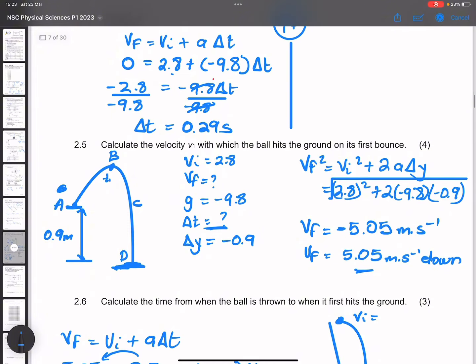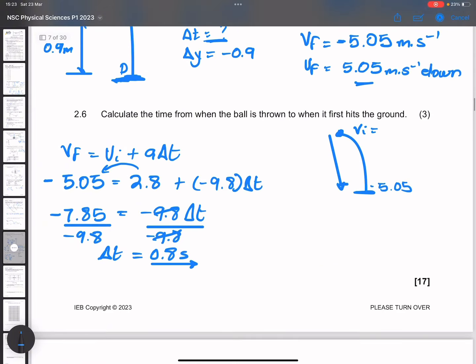Where did you calculate that time? Plus 0.29. So what you would do is say, all right, my initial velocity was 0, final velocity negative 5.05. So I'd say Vf is equal to Vi plus g delta t. That's negative 5.05 equals 0 plus negative 9.8 delta t.